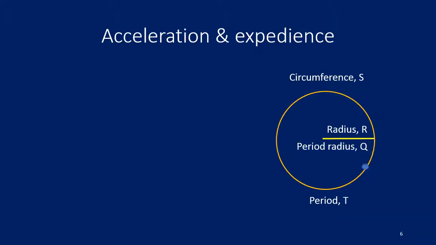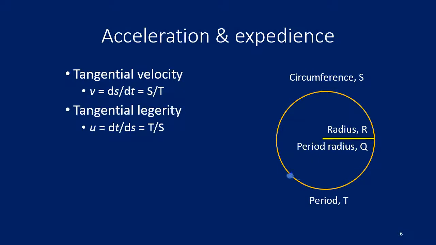Now let's look at the acceleration and expedience. The tangential velocity is like the linear speed we were looking at before, and the tangential legerity is like the linear pace we were just looking at.